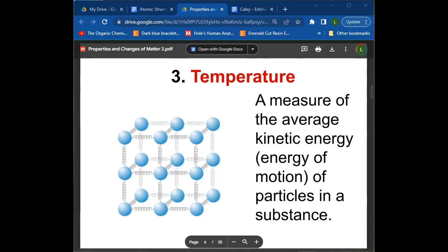Temperature is supposed to be the measure of average kinetic energy. In other words, the energy of motion of particles of a substance.